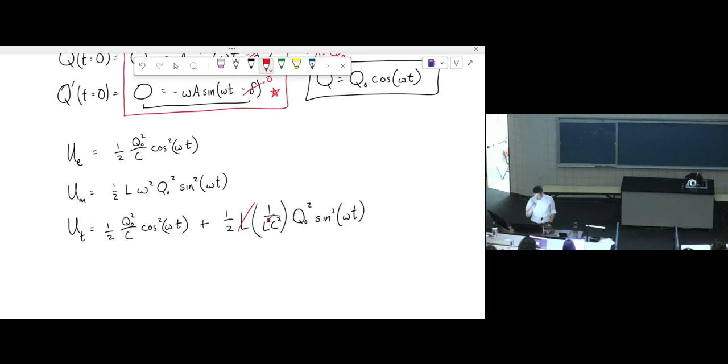What happens to my extra factor of C? Oh, yes. Thank you. Yeah, omega is equal to 1 over the square root of LC. So that means omega squared is equal to 1 over LC. Thank you. Good call.